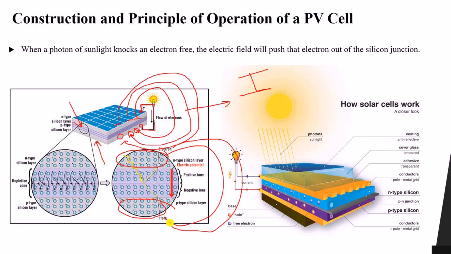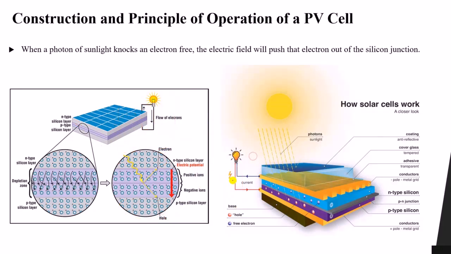Why would the electron like to go to the holes? Because it would like to be in a balanced, neutral state. Everything in nature would like to be in a neutral state. So this is how a PV cell works.